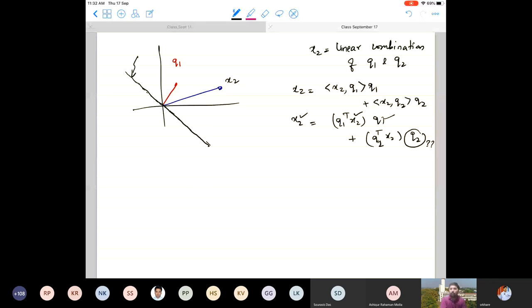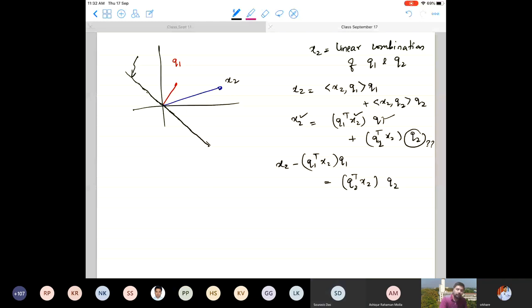So I have to calculate that q2. What will I do? I will do x2 minus q1 transpose x2 into q1. That will give me q2 transpose x2 into q2. Do you all agree with this last equation that I have written? Yes, now it is understood.